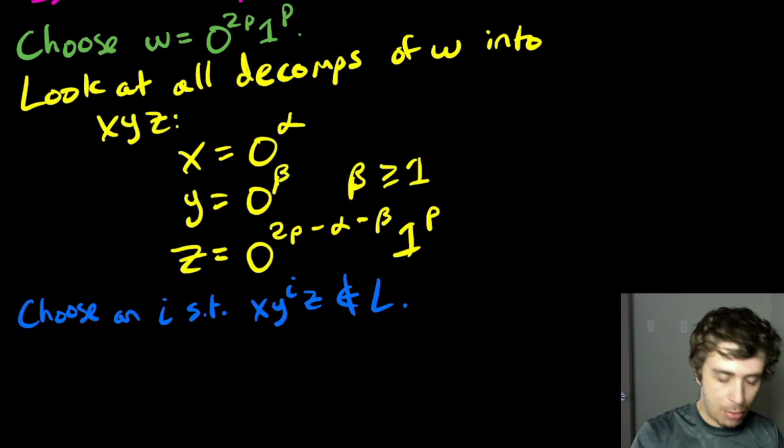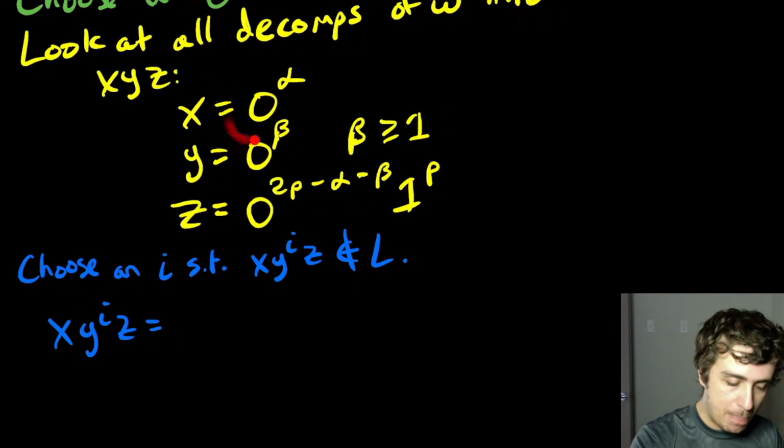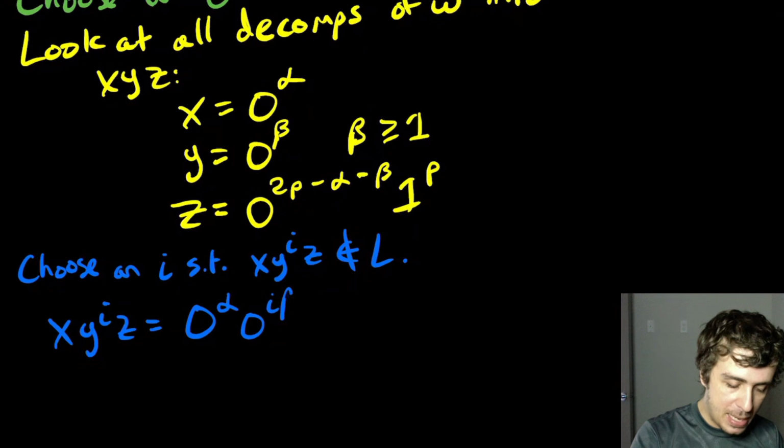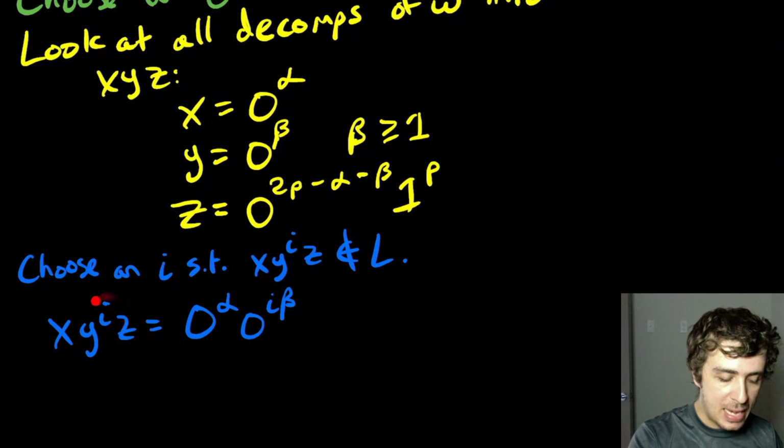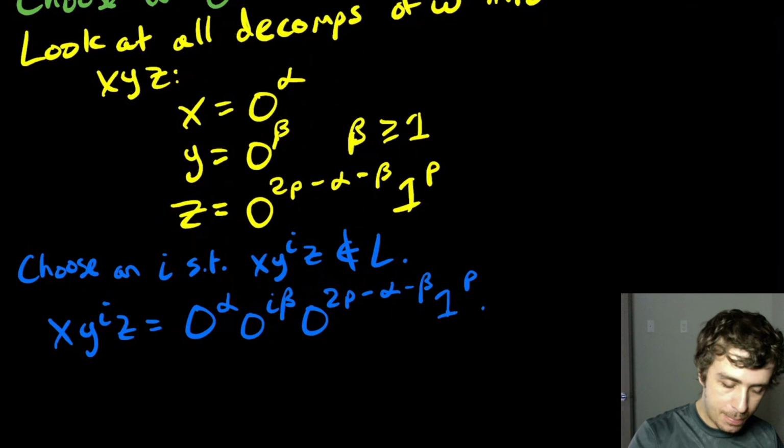Well, what is x y^i z? Let's just copy and paste the pieces down. We're going to have 0^alpha, 0^(i beta), because y is 0^beta and we have i copies of it. And then the z part I'm just going to paste down: 0^(2p minus alpha minus beta), 1^p.